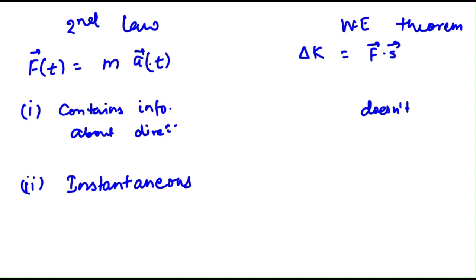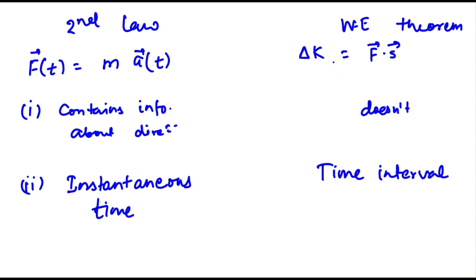That is, if we are writing a t here, we are saying that at a particular point of time, what is the acceleration, and corresponding to that acceleration, what is the force experienced by the body about which we are dealing. So this is for instantaneous time, but this is dealing in a time interval. Why am I saying this?